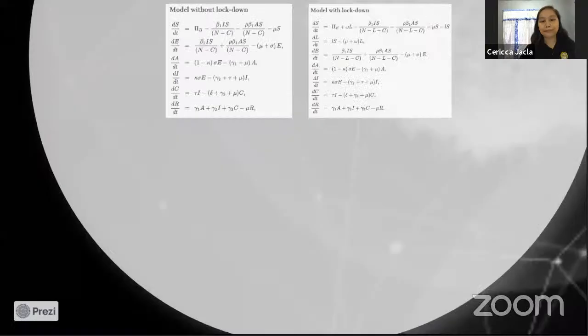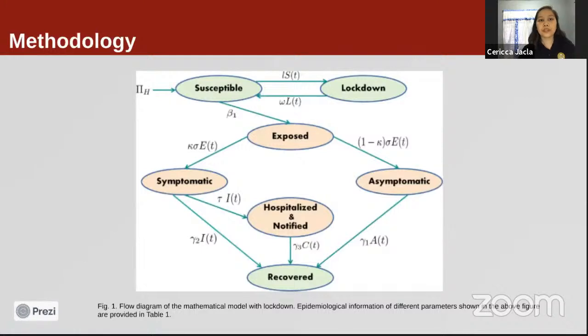So to have a better understanding of the model, here is a flow diagram of the mathematical model with lockdown.